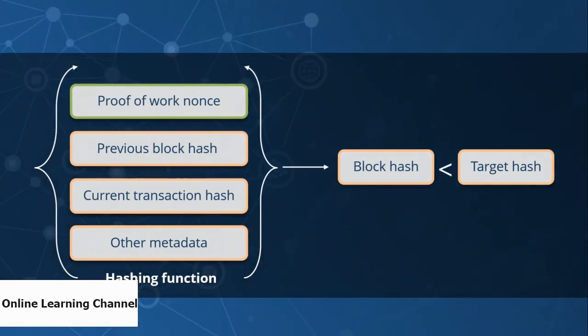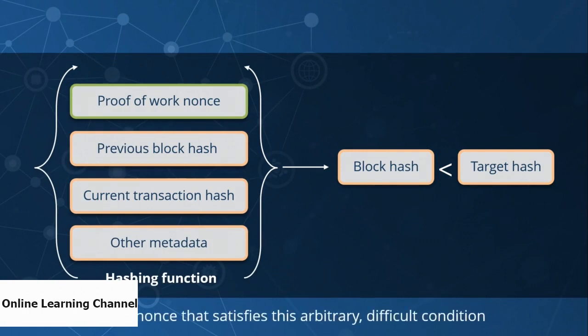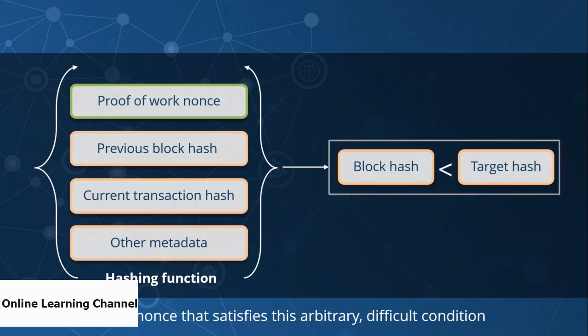In other words, we need to find a nonce value which satisfies an arbitrary and difficult condition. That is, it should be used to generate a block hash which is less than a target hash value.